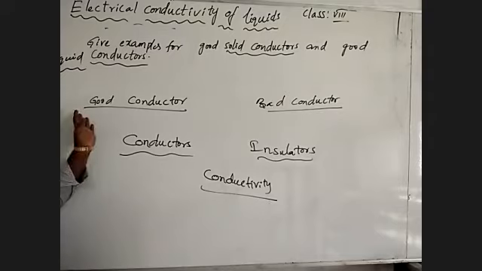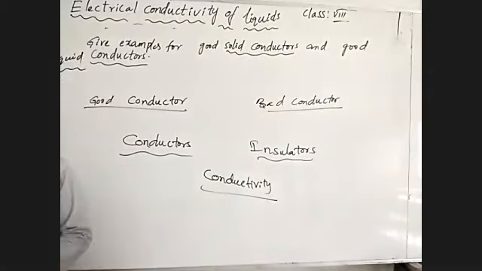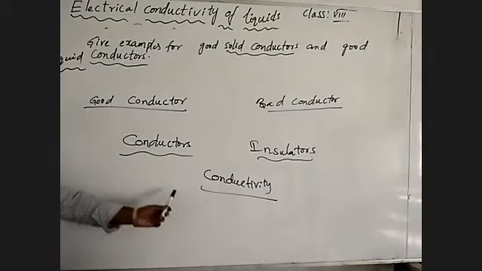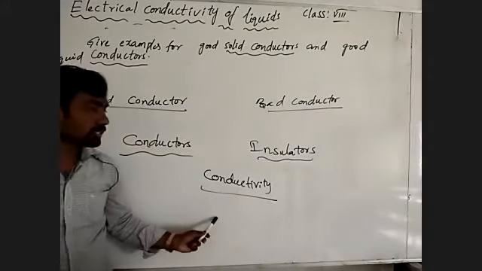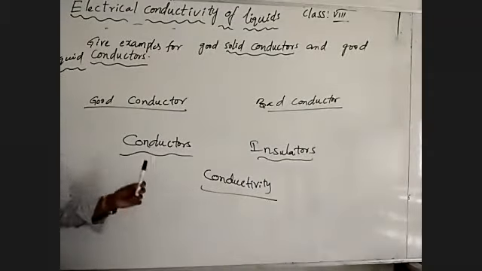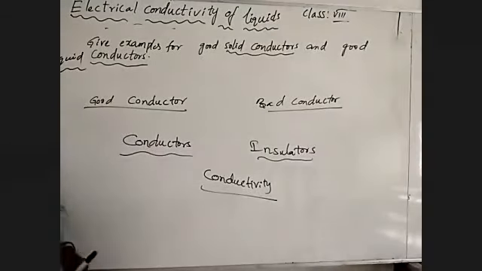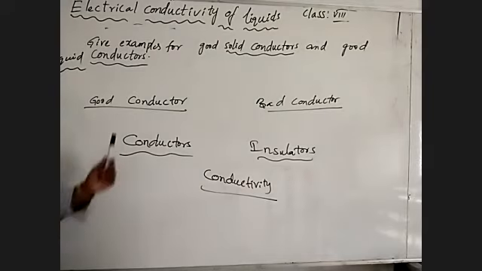Otherwise, we classify them as good conductors and bad conductors. Those which conduct are good conductors, and those which do not conduct are bad conductors, that is, insulators.